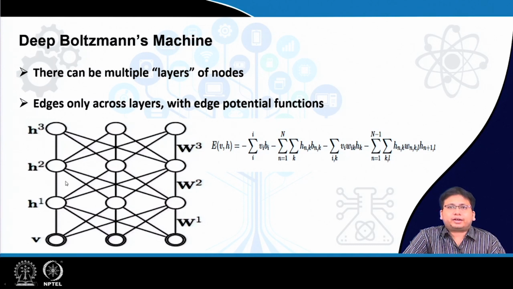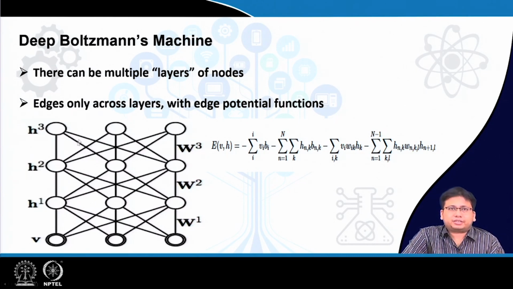Now, this concept can be extended to that of a deep Boltzmann machine, where we can have multiple layers of hidden variables like this. So, remember that earlier we had talked about hierarchical models, where we have one set of observed variables, but there might be various hidden ones, like we had talked about the parameter layer, the parameter model, the process model, the data model, and things like that. So, some of these hidden variables you can consider to be the model parameters.